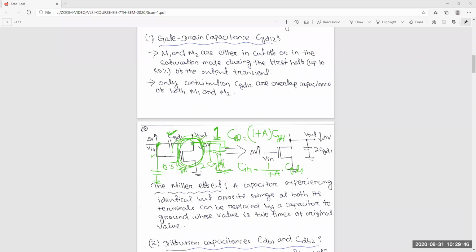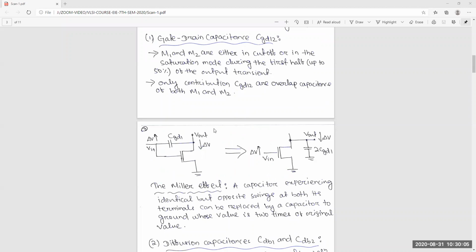Actually we need this one, so 2 times CGD1 we will get here. Is this clear or not? You need to study what the Miller effect is.